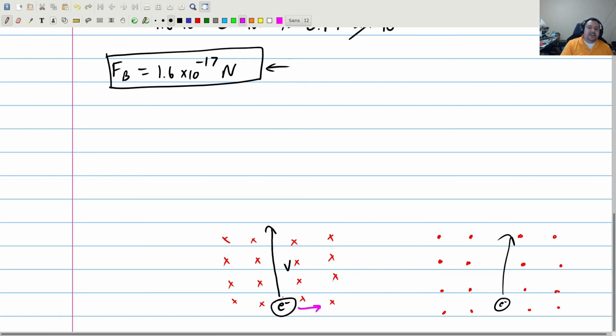The electron is going to curve that way. When we have this other situation, we have velocity this way, magnetic field out of the page, which means the force should be directed toward the right. But since it's an electron, it gets directed toward the left, and it's going to get deflected toward the left.